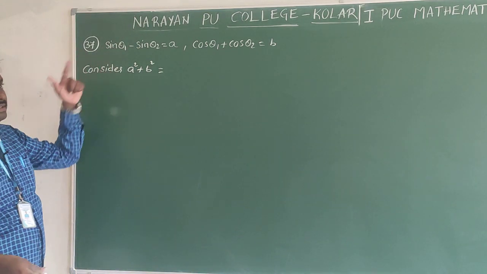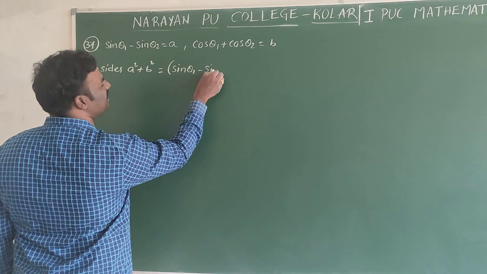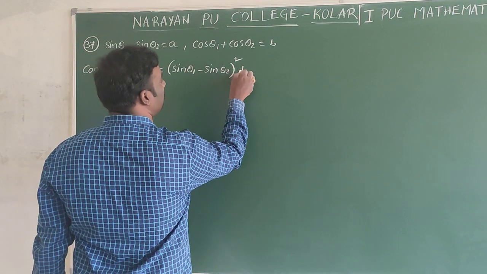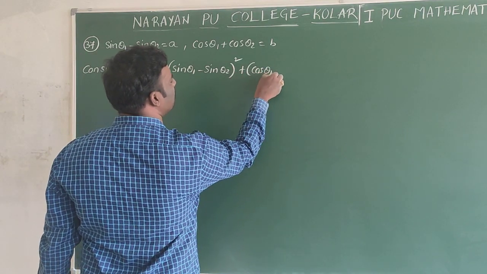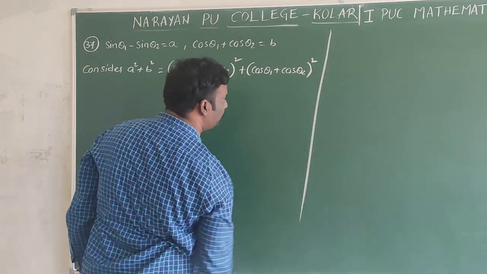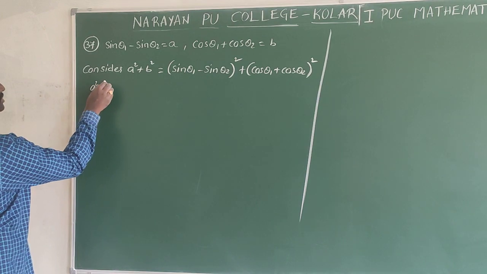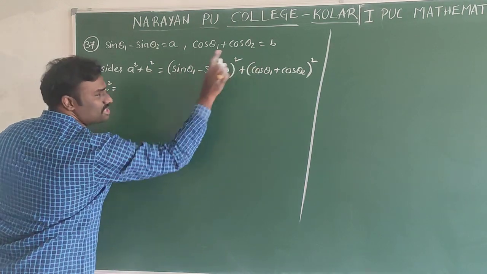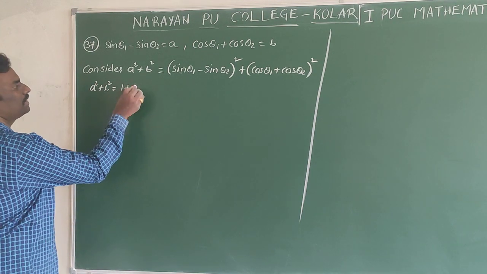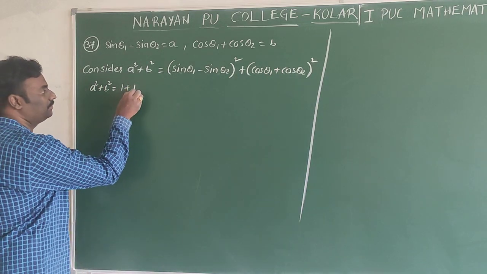A is nothing but sin theta 1 minus sin theta 2 whole square plus cos theta 1 plus cos theta 2 whole square. Now A square plus B square equals, here sin square, here cos square, that is nothing but 1, plus here sin square theta 2, cos square theta 2, that is also 1.